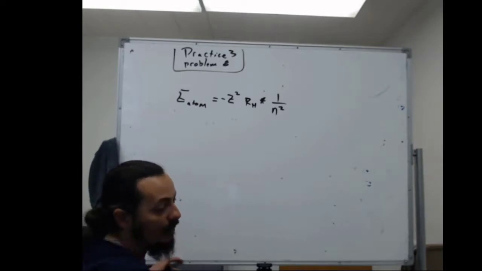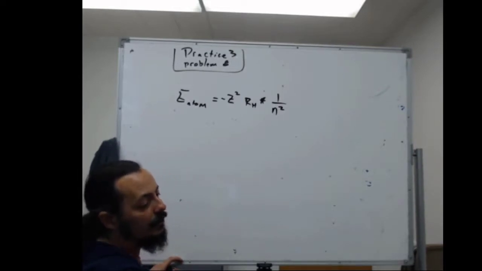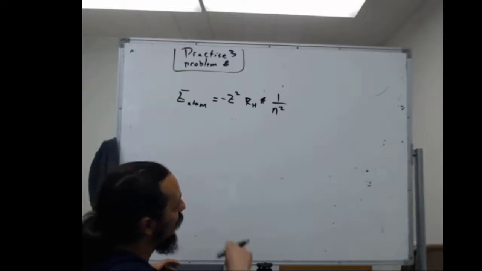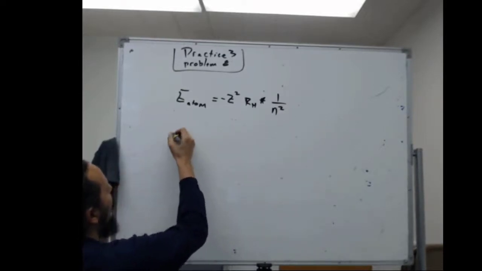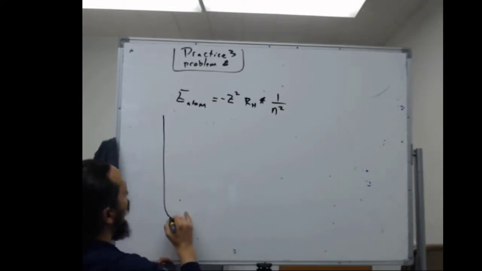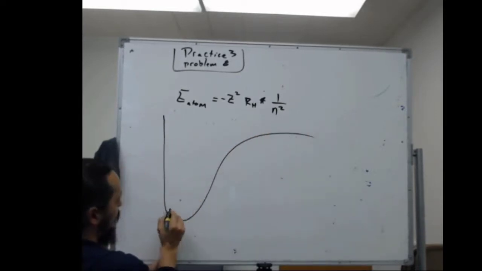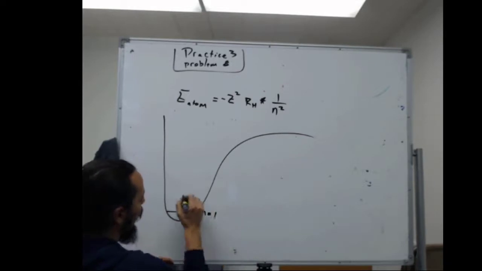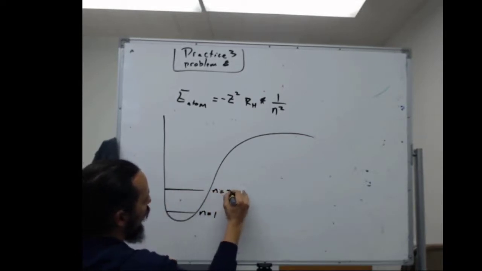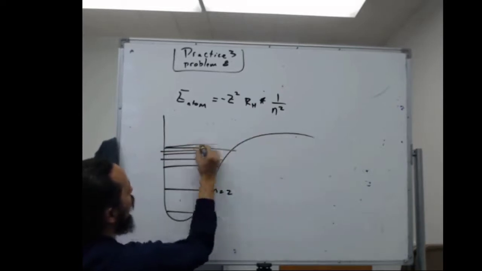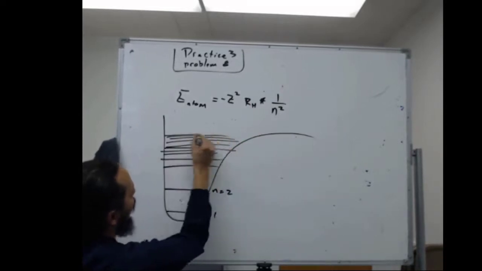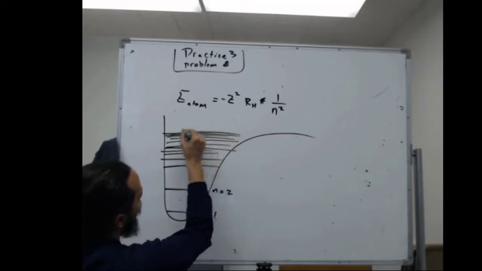And we've got our first solution, a second solution, our third solution, and so forth, up to infinity. But since it's inverse, we can think about this in terms of an energy well. We've got our n equals 1 there, n equals 2, and as we go up, the 1 over n gets closer and closer together, and they all start stacking up together.